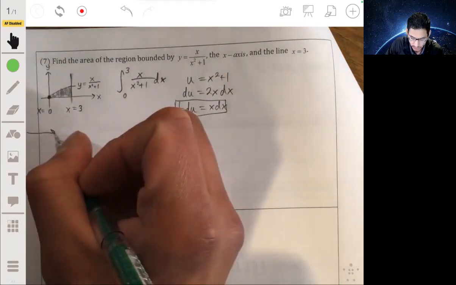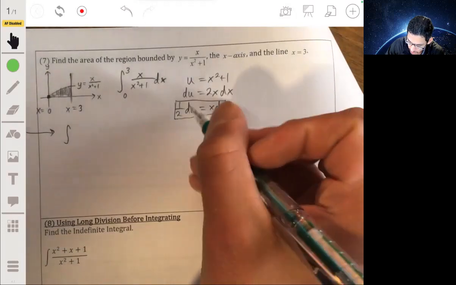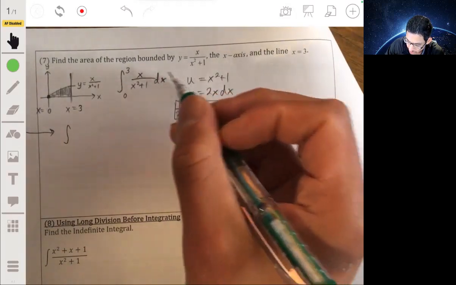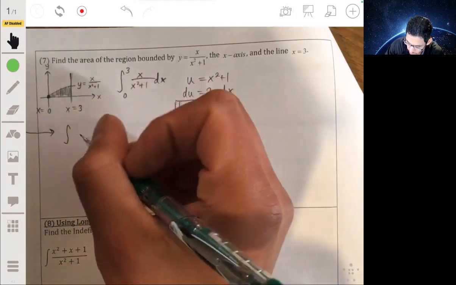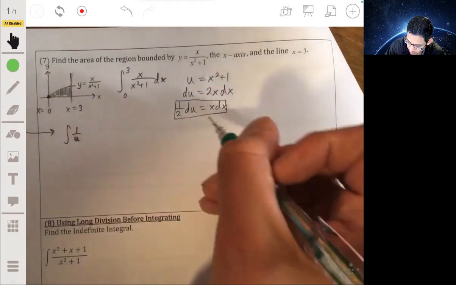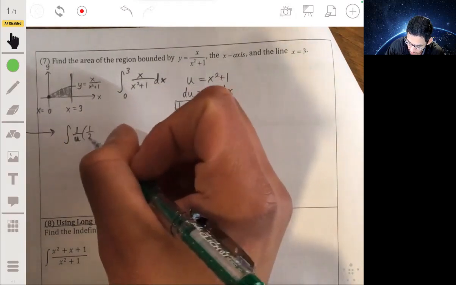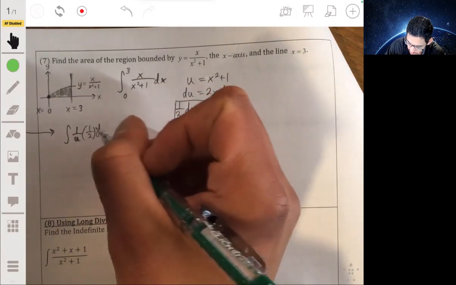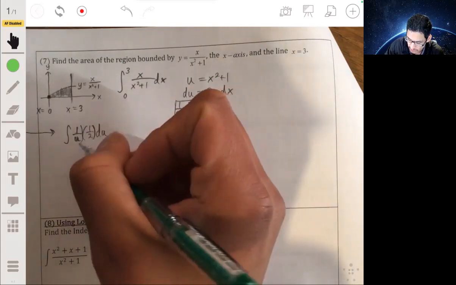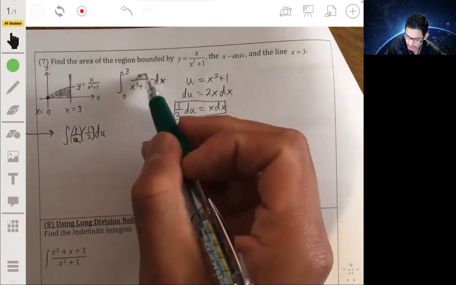And so we can go ahead and rewrite this as the integral of 1/2 times 1 over u, because remember, you have the 1 over u, and the 1/2 would be on top. Or you can write the 1/2 here if you want. It looks weird, but it emphasizes the point that you have everything in there. 1/2 du is the x dx.